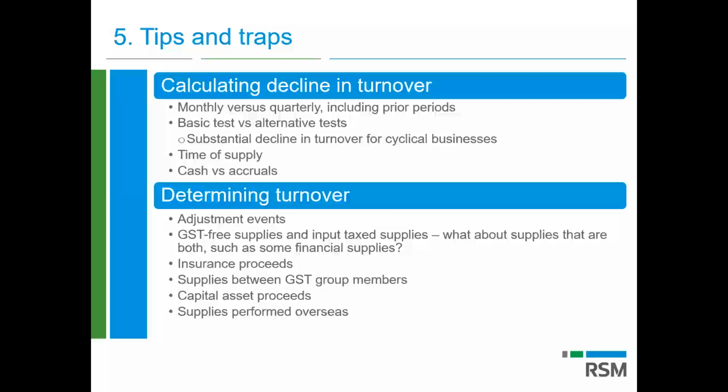So it's important to look at the terms and conditions under which a payment is made. If it's just money for the fact that you've suffered a decline or your business is in a particular industry, it's generally not going to be included in turnover. But if there's an agreement with the state or local council that you will do something in return for the payment, it is generally included for turnover purposes.